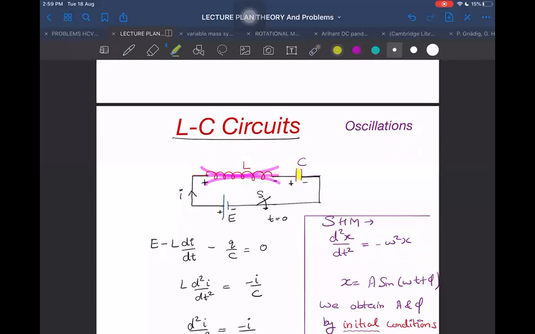So the total energy of the magnetic field and the electric field remains constant if there is no resistance in the circuit.